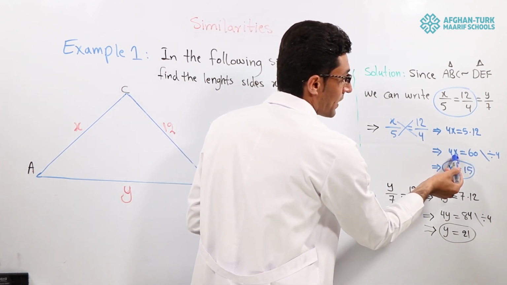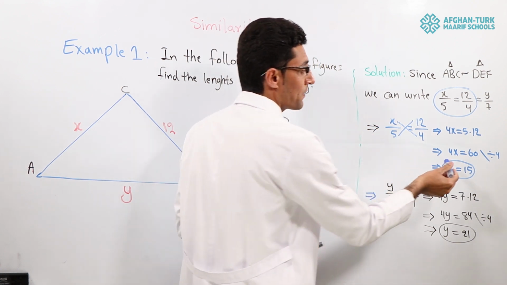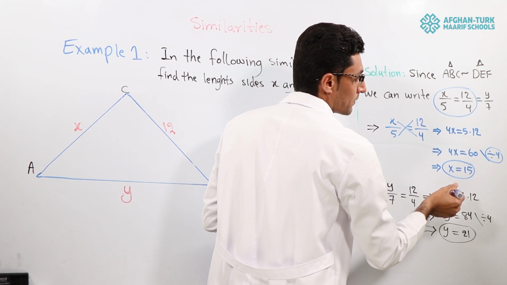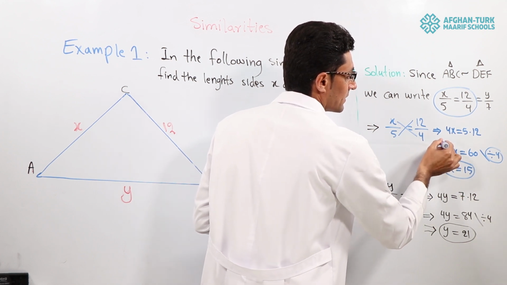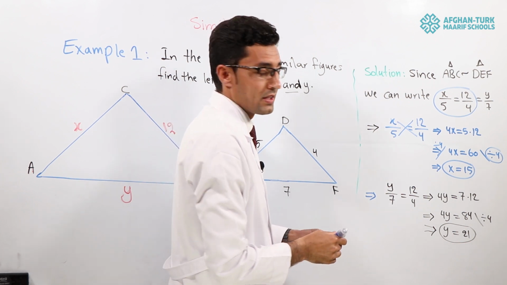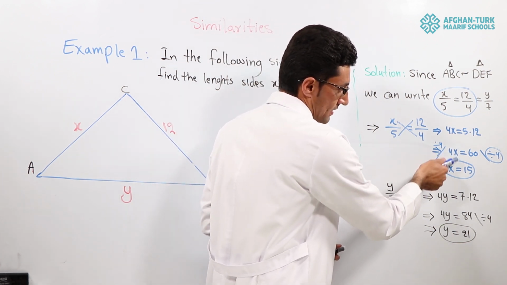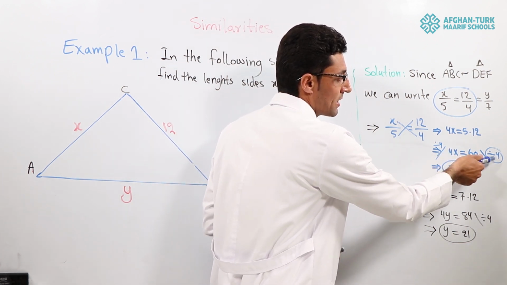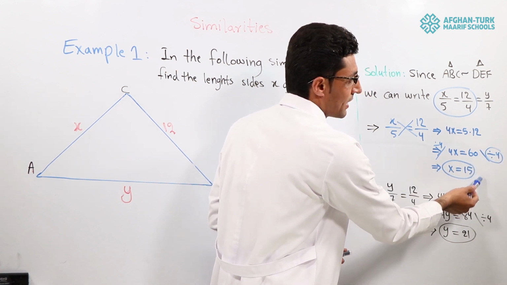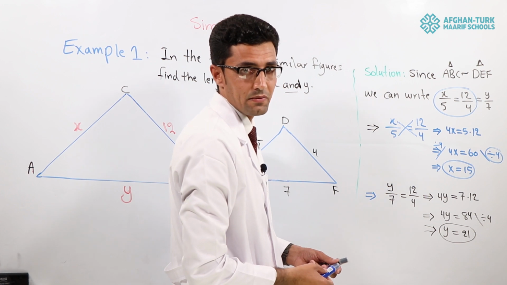In order to find only one x, I have to divide both sides by what? 4. If I divide both sides by 4, this 4 will be cancelled, and I have 60 over 4. What is 60 over 4? 15. It means the value of x is 15.